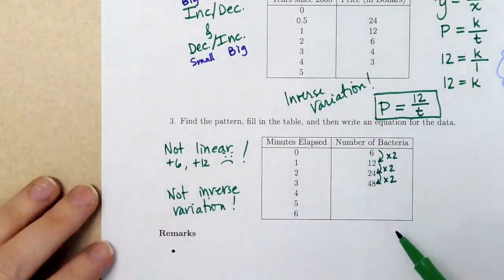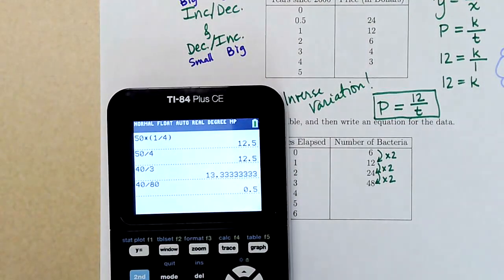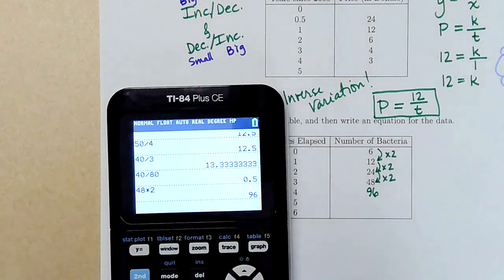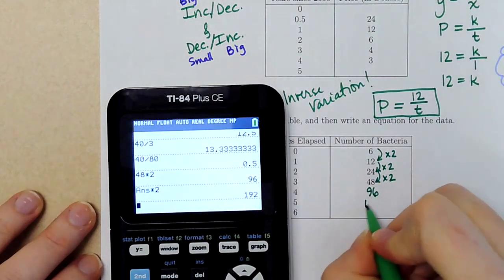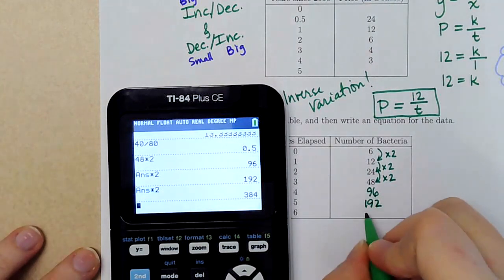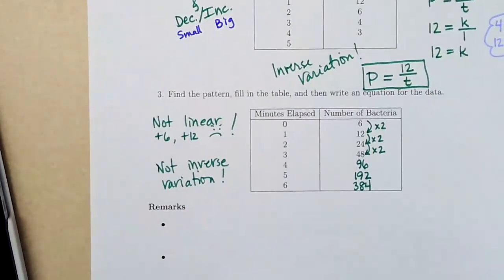So let's fill in this chart. Double it again, 96. Double it again, 192 bacteria after 5 hours. Double it again, 384 bacteria after 6 hours. And there is our pattern.